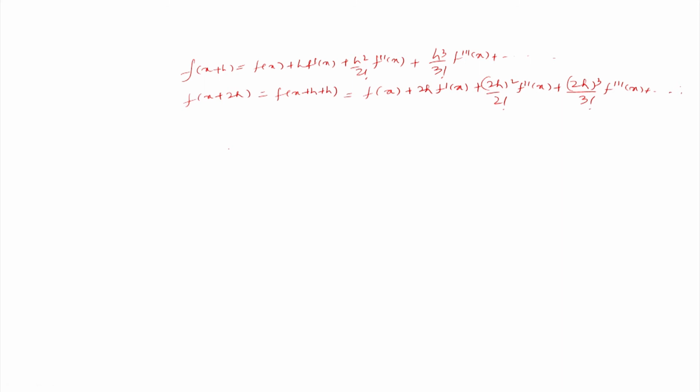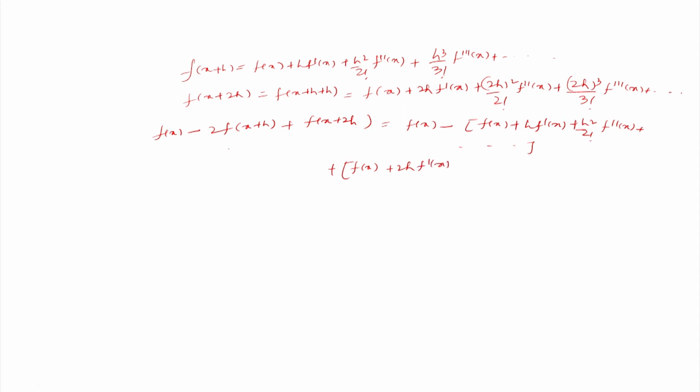So if you consider f of x minus 2 f of x plus h plus f of x plus 2h here, then we can get it as f of x minus 2 times f of x plus h f dash of x plus h square by 2 factorial f double dash of x plus all other terms, plus f of x plus 2h f dash of x plus 2h whole square by factorial 2 f double dash of x plus 2h whole cube by factorial 3 f triple dash of x.